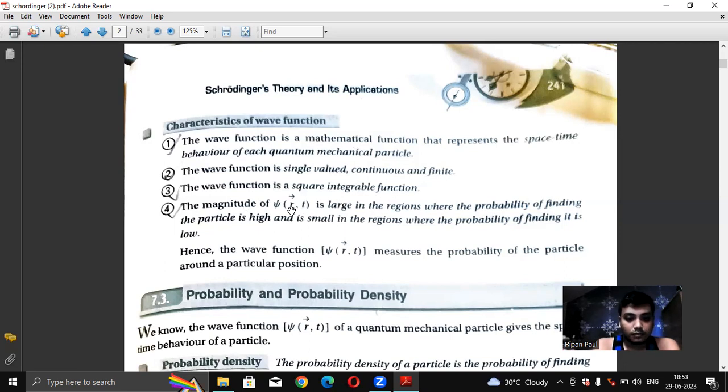Its magnitude is large in the regions where the probability of finding the particle is high, and small in the regions where the probability is low. This is the definition of probability density. It measures the probability of the particle around a particular position.